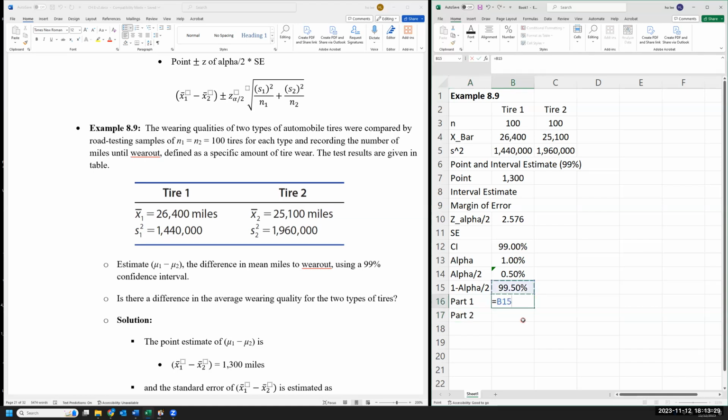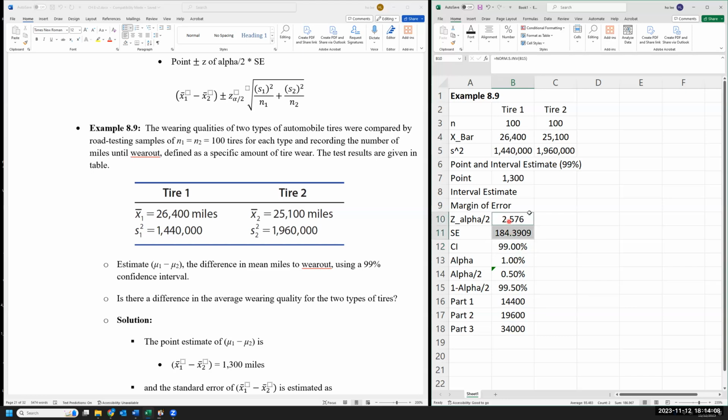Part 1 will be s1 squared divided by n1. And part 2 is s2 squared divided by n2. And then part 3, let's say we do it in baby steps, will be part 1 plus part 2. And then the standard error, we just have to square root part 3. This is equal to part 3 to the 0.5, or square root. And this is our standard error.